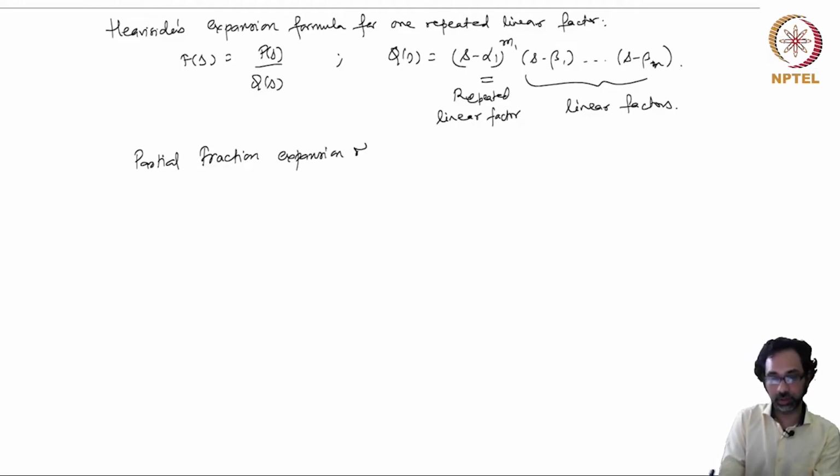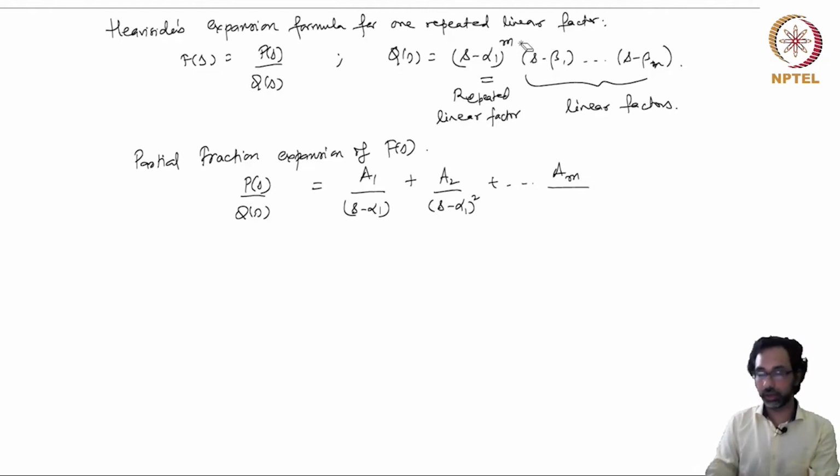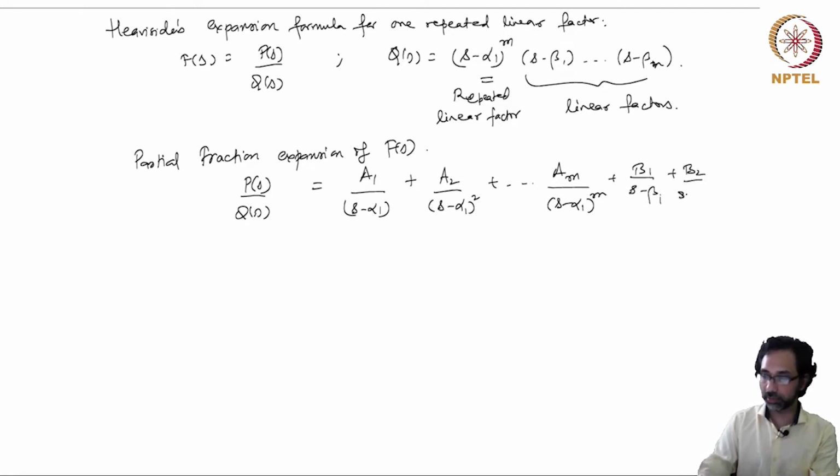The partial fraction expansion of F(s), given by P(s) over Q(s), is equal to A1 over (s minus alpha 1) plus A2 over (s minus alpha 1) squared, up to Am over (s minus alpha 1) to the power m, and then you have the linear factors: b1 over (s minus beta 1) plus b2 over (s minus beta 2) and so on, bn over (s minus beta n).